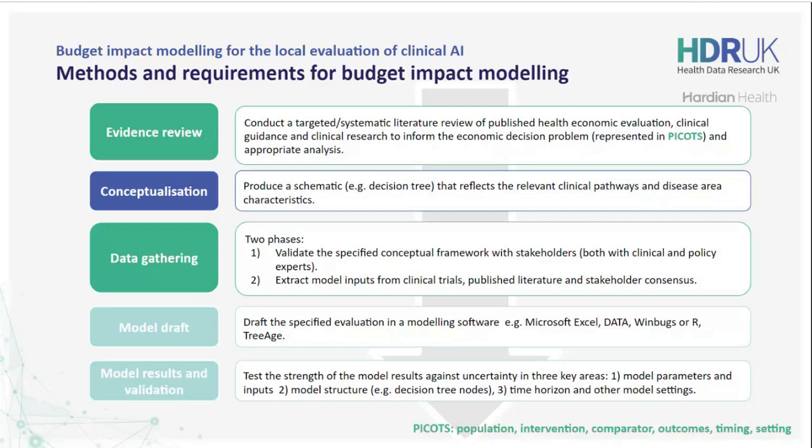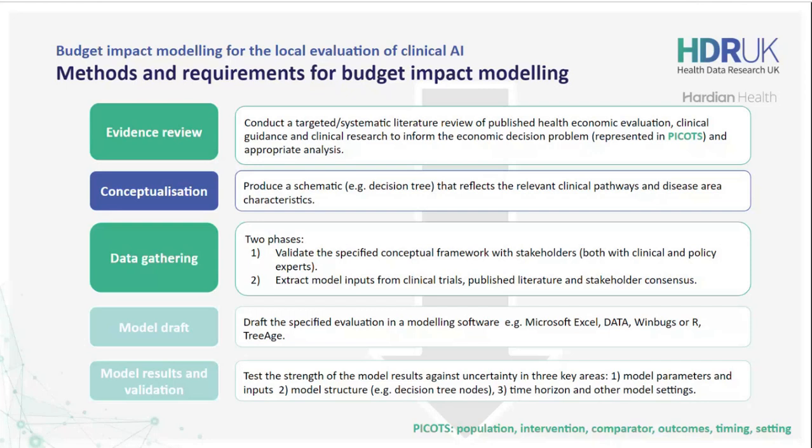With that, you can then refine what your population, intervention, comparator and outcomes are going to be within the budget impact assessment, and also leveraging evaluations that have previously been published, you can determine exactly the appropriate form of analysis for the evaluation.